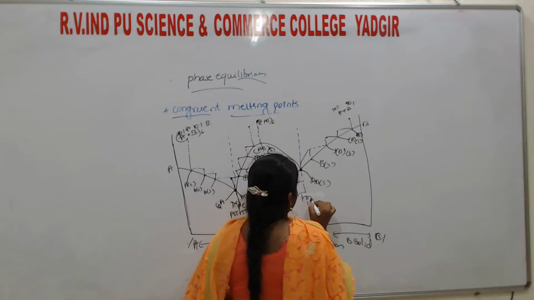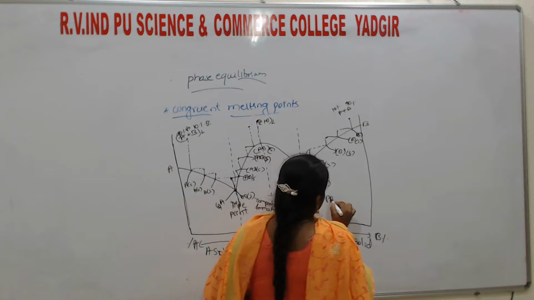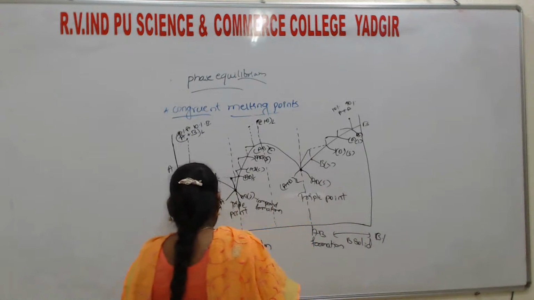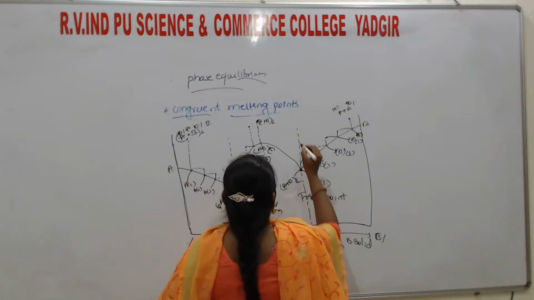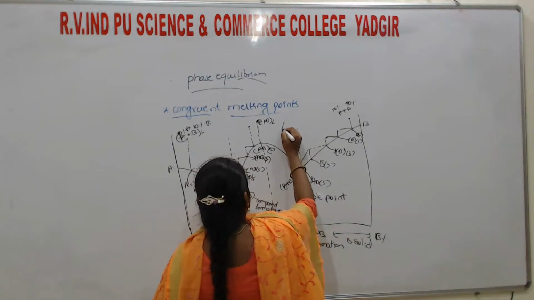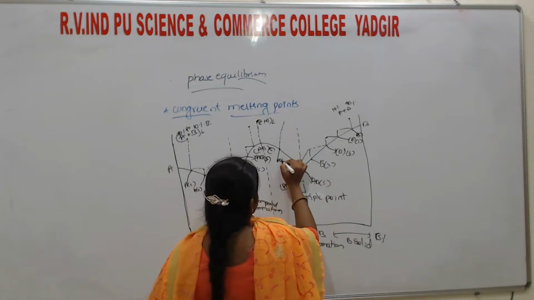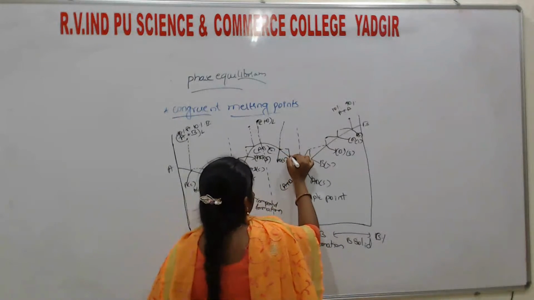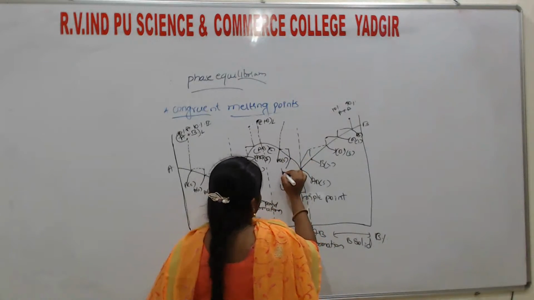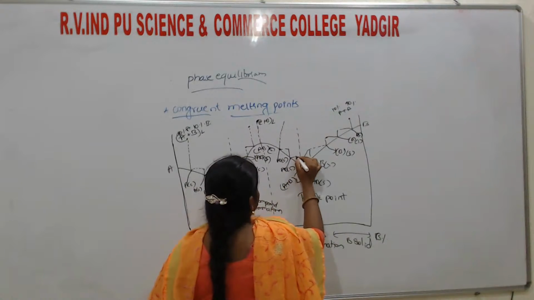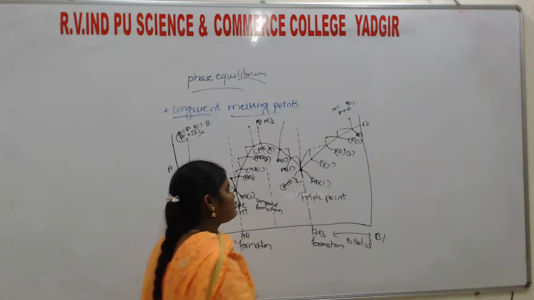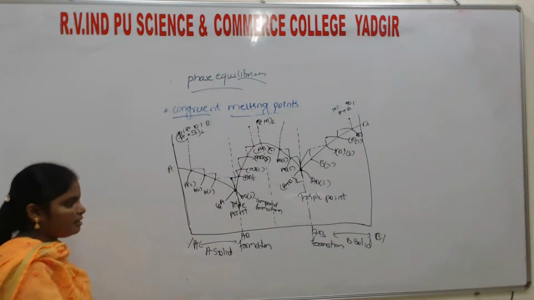This is a triple point. Here also, increasing, the formation is AB solid, changing the concentration and composition, and here the formation is AB solid. Finally we get AB solid formed.